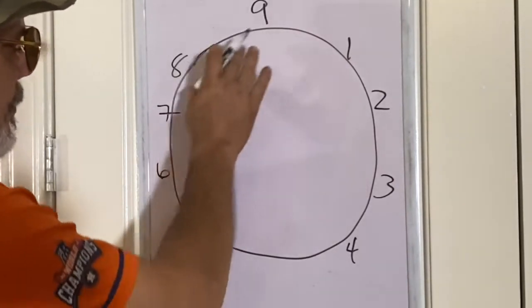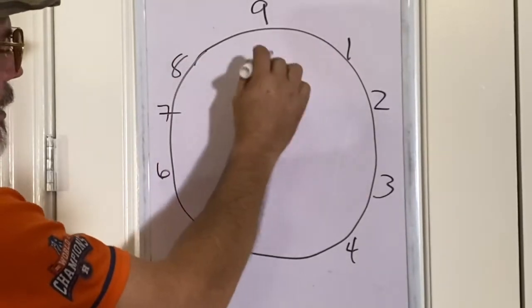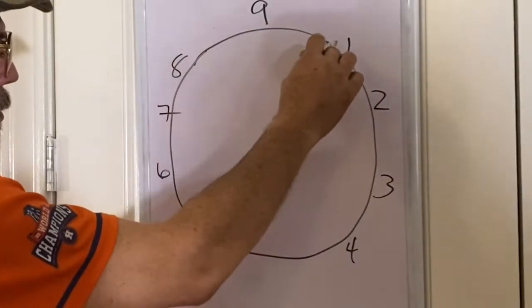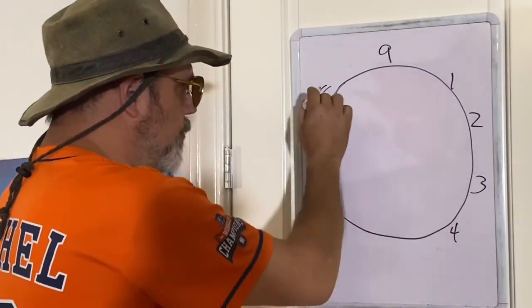Now, as you look at these numbers, you have 9 at the top, and as you go around, you're going to see that we're going to find our path here. 1 plus 1 is 2, 2 plus 2 is 4, 4 plus 4 is 8.